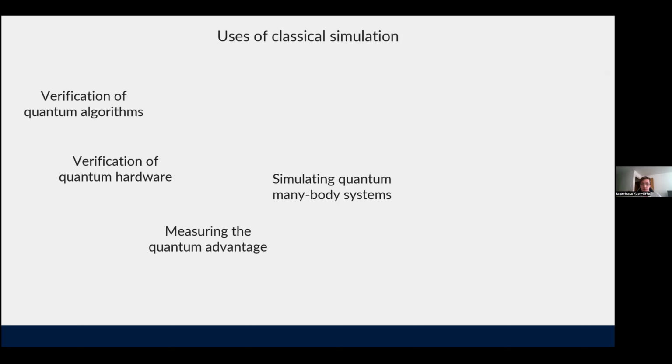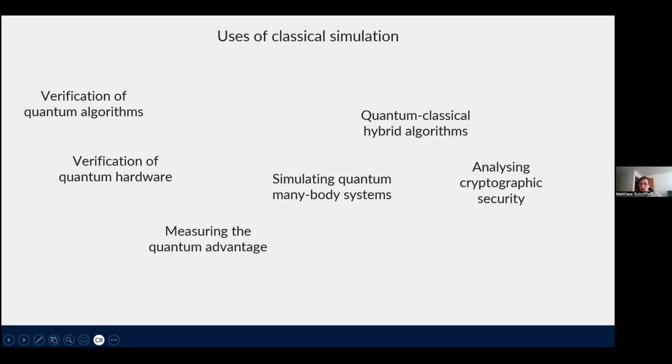Simulating many body systems, likewise. There's hybrid algorithms as well, which use parts classical, parts quantum. The overlay is on that, so I can't quite see it. But something about analysis of cryptographic security. So it's quite handy to analyze these kind of systems. And then there's a handful of more use cases. But the point is, it's a useful thing to be able to do.